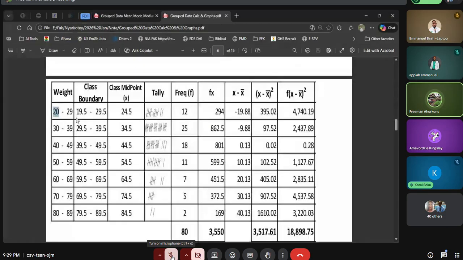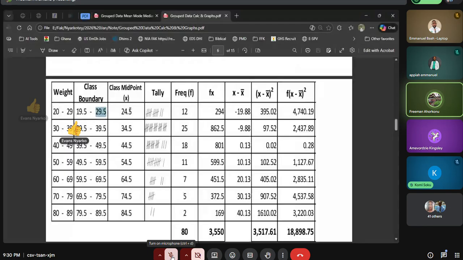Then you go for the class midpoint. You add 20 and 29 and divide by 2. 30 and 39 divided by 2 gives you 34.5. You do that up to 80 plus 89 divided by 2, which gives you 84.5. These are the class midpoints.